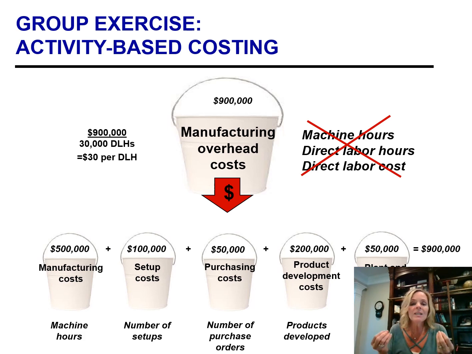Each cost pool will have its own predetermined overhead rate. We don't call it that, but that's essentially what it is. All right, once we come up with that activity-based overhead rate, at that point, we can actually allocate the overhead to the product. Each activity cost pool will have its own activity overhead rate.